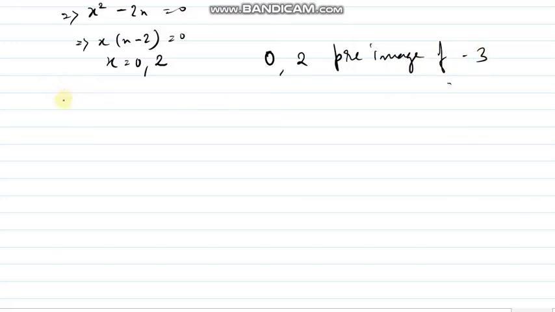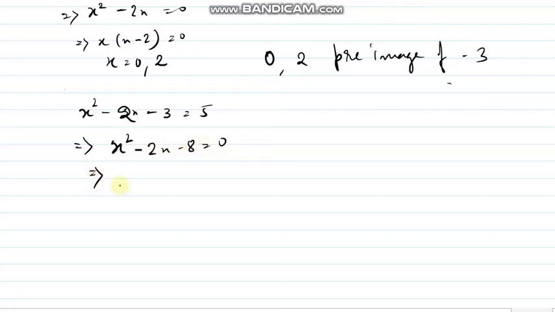Next, we have to find out if 5 has a pre-image or not. So x² - 2x - 3 = 5, and we can write x² - 2x - 8 = 0. If I factorize, (x - 4)(x + 2) = 0. So the value of x will be 4 and -2.